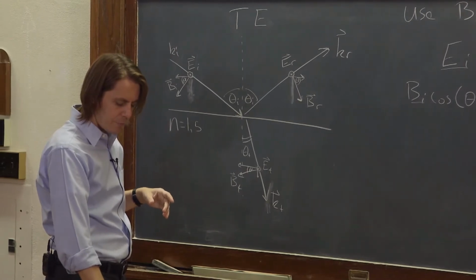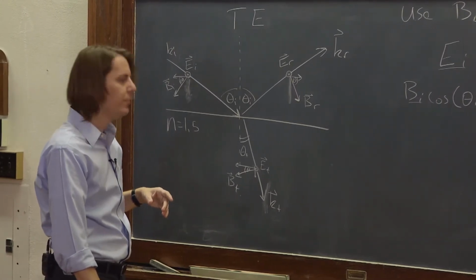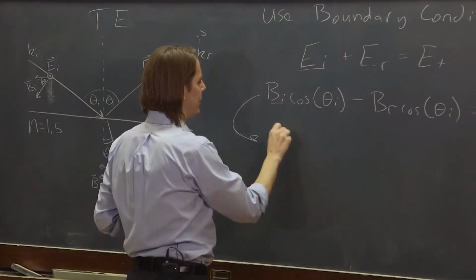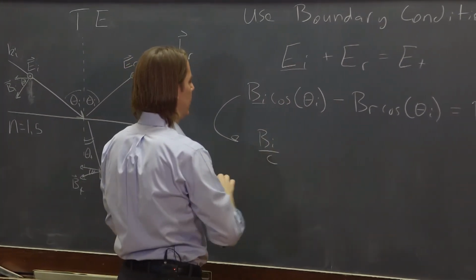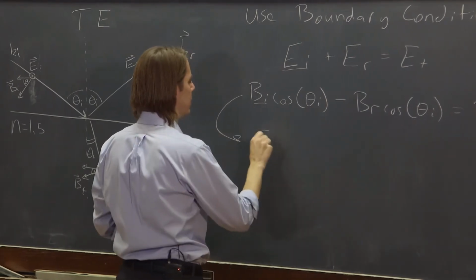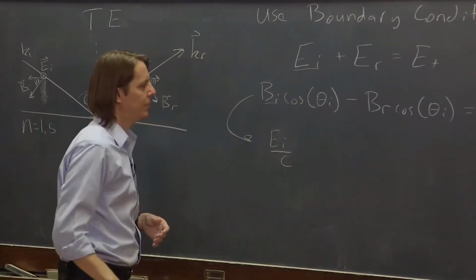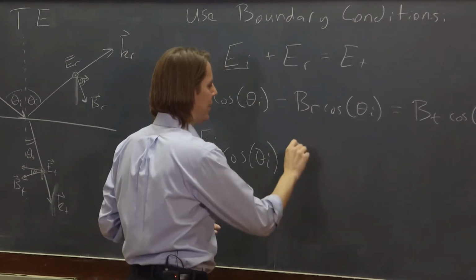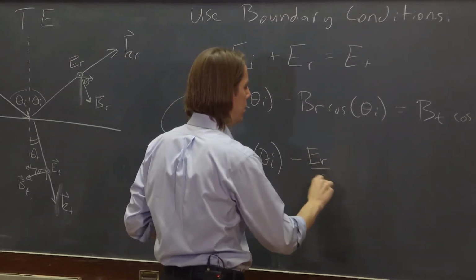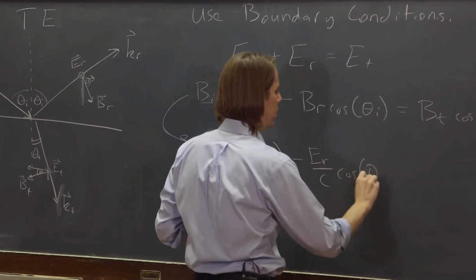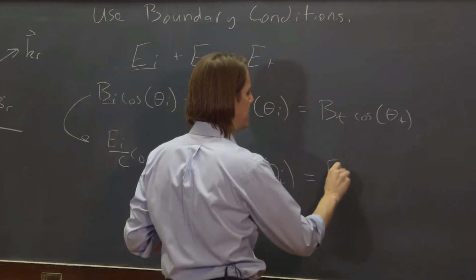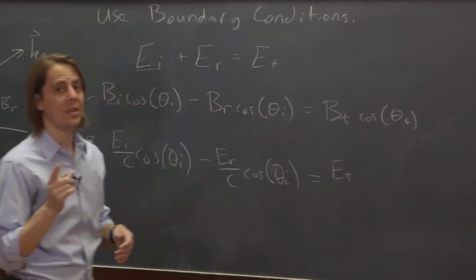So we can then take this equation and rewrite it again as BI over C, as EI over C, okay, cosine theta I, minus ER over C, cosine theta I, equals ET, and now that one's not over C, right?